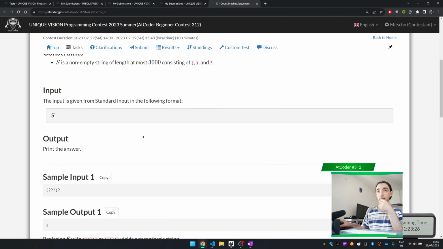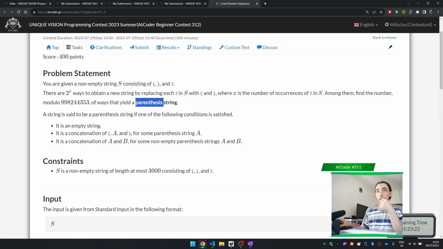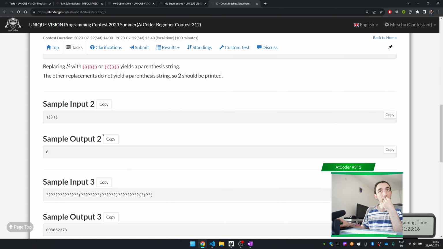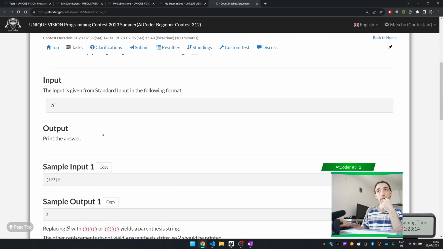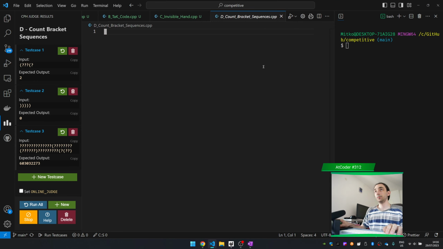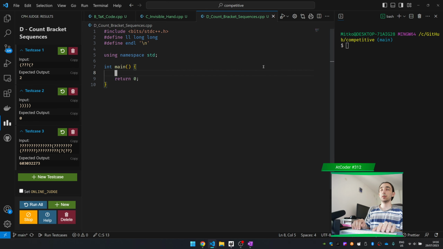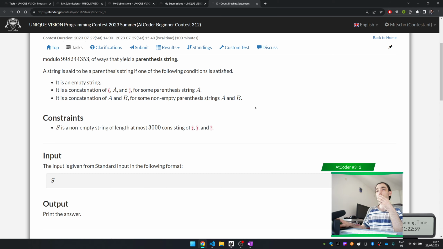A parenthesis string is a valid string, right? So n here goes up to 3000, so it means it's like a DP.